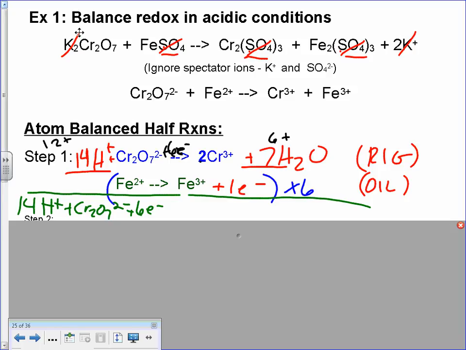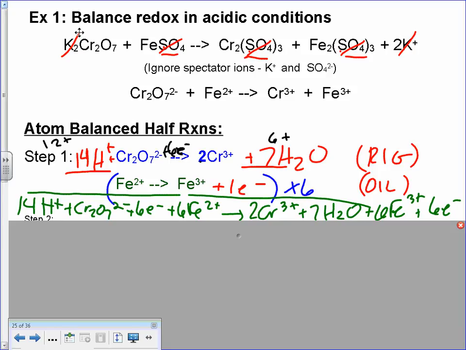Plus 6 Fe 2 pluses. So I have everything on the reactant side here now. Now everything on the product side. 2 chromium 3 pluses, 7 waters, and then my second reaction, 6 iron 3 pluses, and 6 electrons. That is the whole entire shebang. That is the final answer.